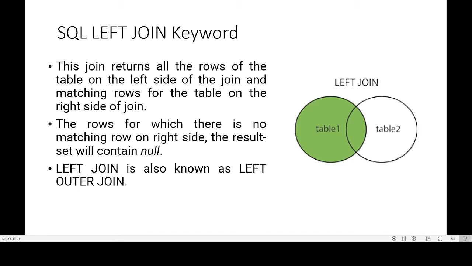That is a left join. For rows with no matching row on the right side, the result set will contain null. Left join is also known as left outer join. So both left join and left outer join are the same. So the result will be all the entries from table 1, the left table, along with the matching entries from the right table.